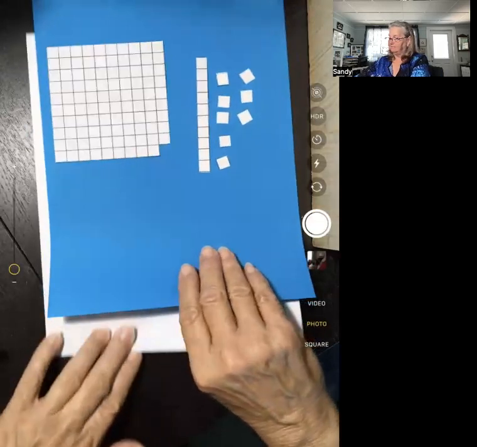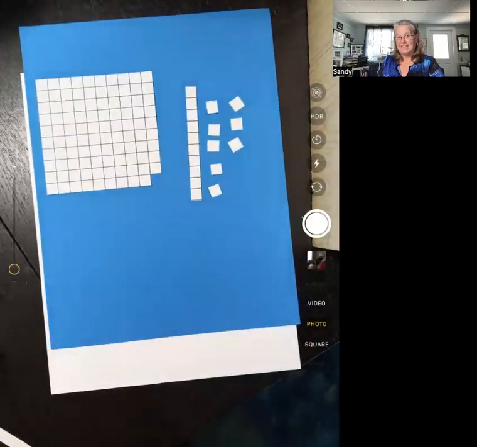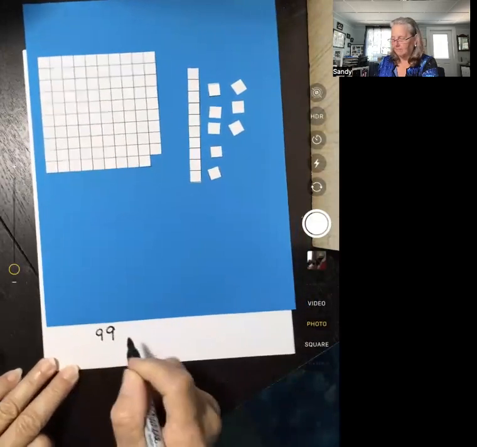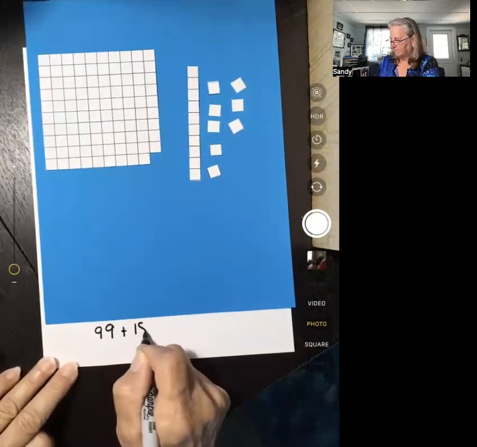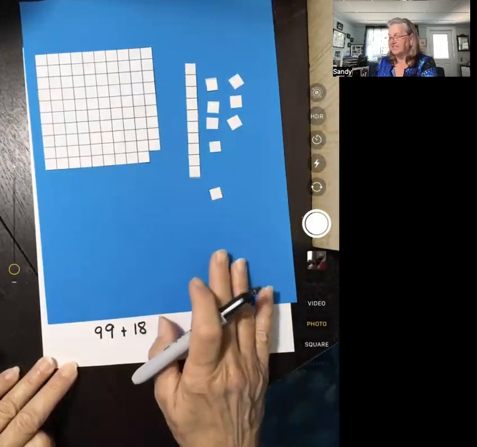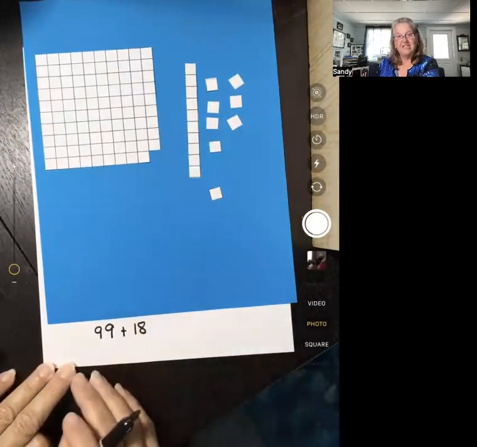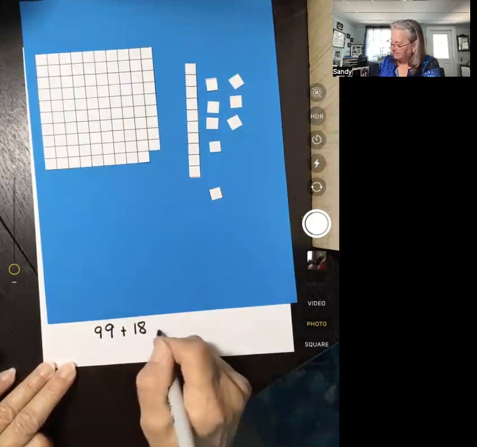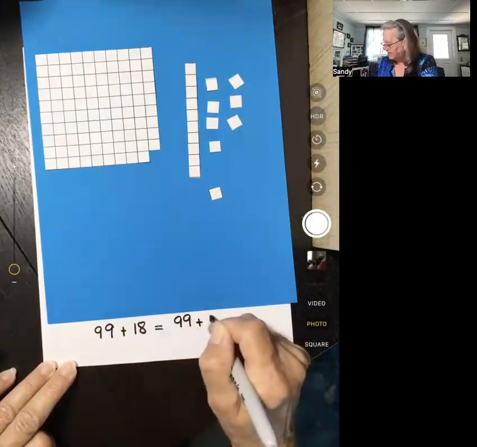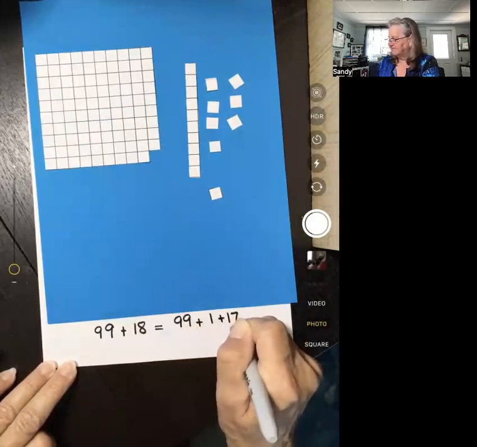I've got that 99 plus 18. And I can think of 18 as 1 and 7, right? I'm sorry, 1 and 17. So I can rethink this. 99, and I think of 18 as 1 and 17.